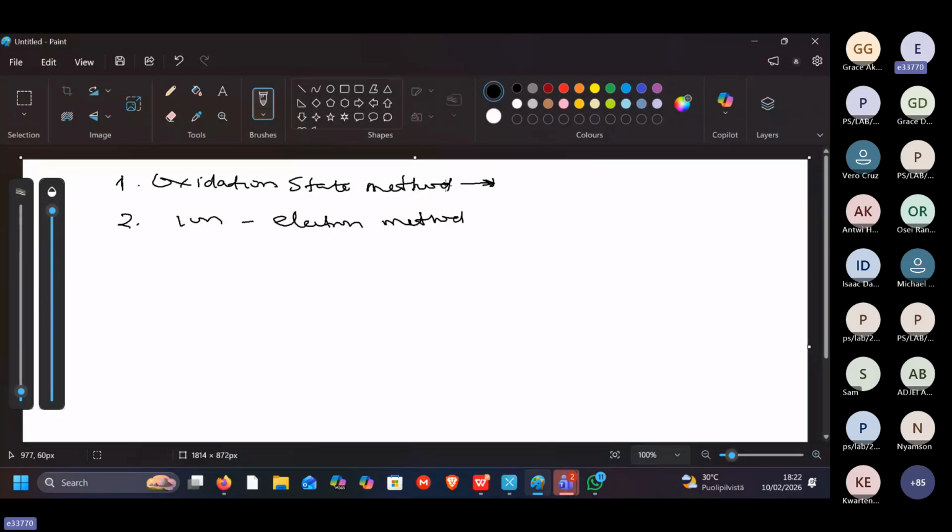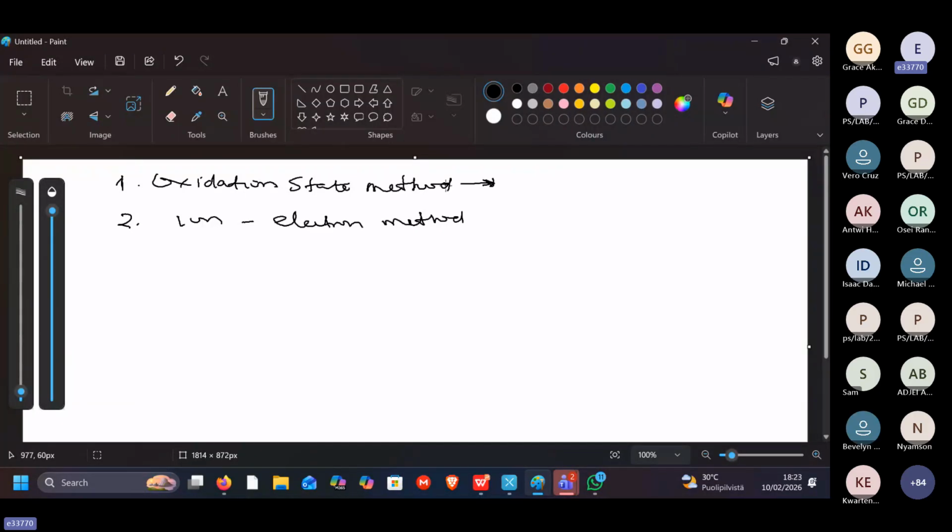A basic medium means that at the end of the reaction there should be OH minus or ammonia in the system. If I don't get H plus, OH minus or ammonia, then that is a neutral medium.